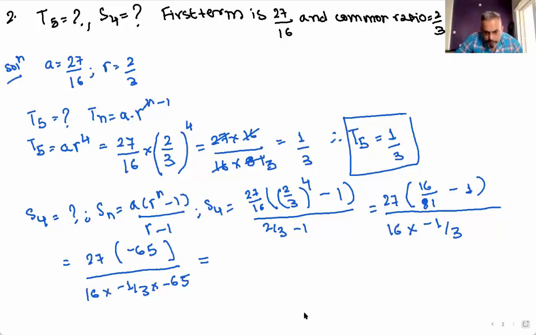Oh sorry, wait, minus 65, 16 into minus 1 by 3 into 81, because the 81 will come into the denominator. So which is equal to 27 threes are, 3 threes are, minus minus plus, which is equal to 65 by 16.